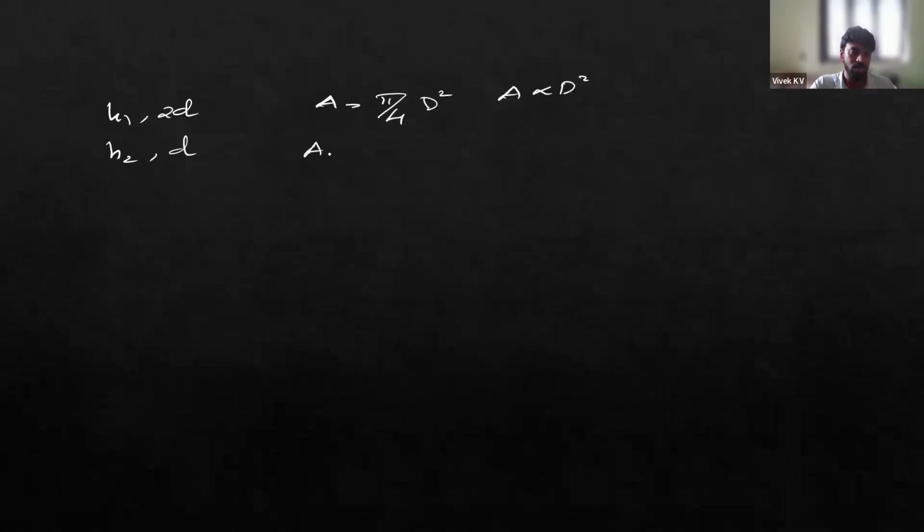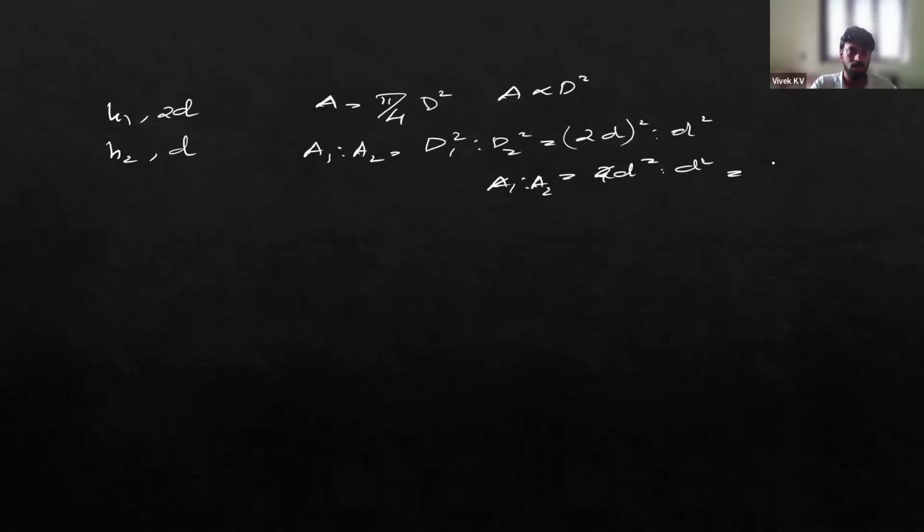Taking the ratio of areas, a1 is to a2 is equal to d1 square is to d2 square. d1 is 2d, the whole square, is to d square, so I get a1 is to a2 as 4d square is to d square, and d square cancels. So 4 is to 1 is the ratio of areas. Now the final height at which water is there is h.